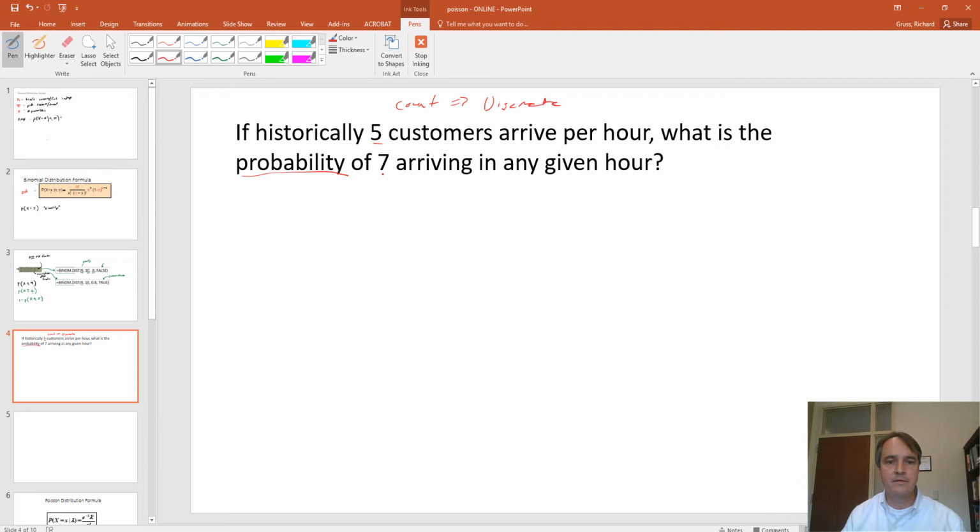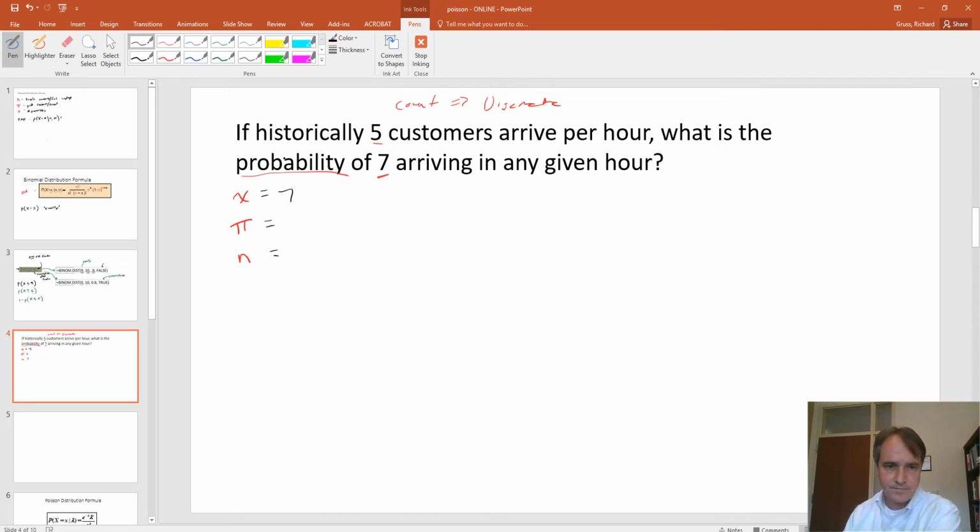We're asking about 7, so we've got our x: x is equal to 7. We want to know the probability of 7. Now, what else do we need for a binomial? We need a consistent probability and an n. We don't have these, but let's see if we can be creative.